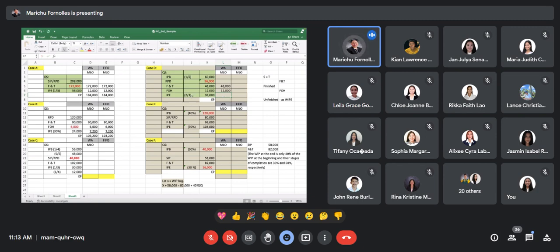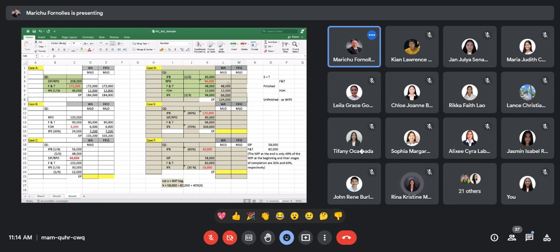So multiply 2/3 by 96,000 equals what? 64,000, miss. Bring down the total. So your EP under weighted average for case D is 124,000, miss. Correct, 124,000 units.